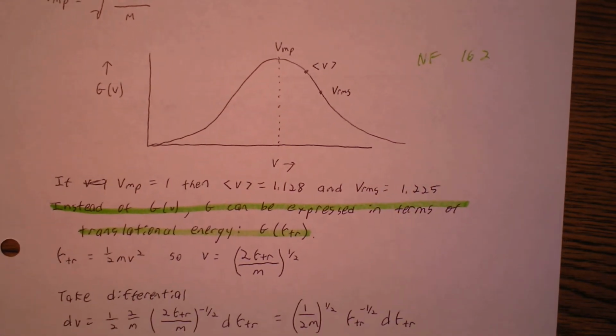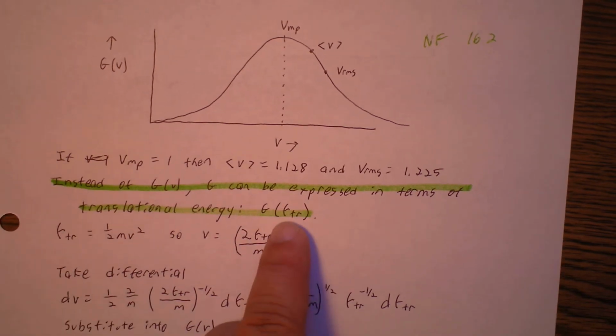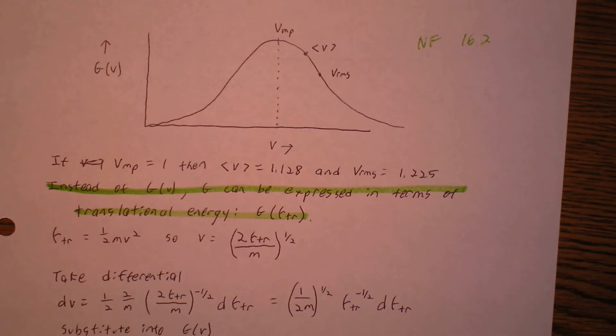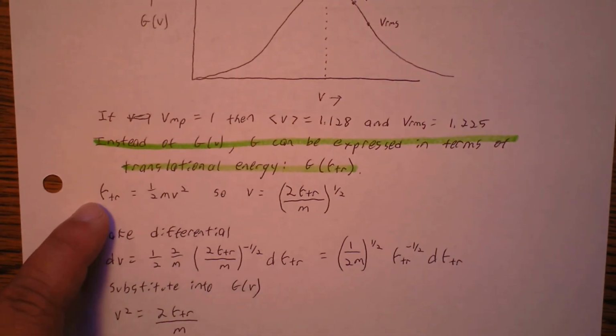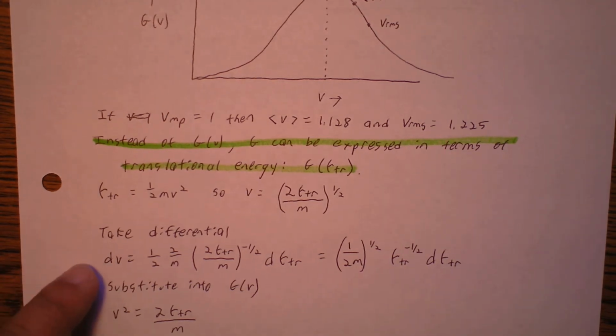So instead of g as a function of velocity, we can also express g in terms of translational energy. Energy of translation, this is epsilon subscript tr. Now remember, energy of translation is 1/2 mv squared. So v is equal to the square root of 2 times the energy of translation over m.